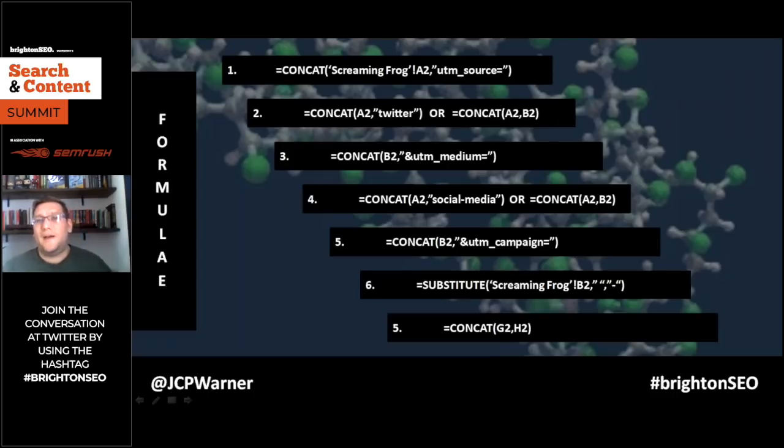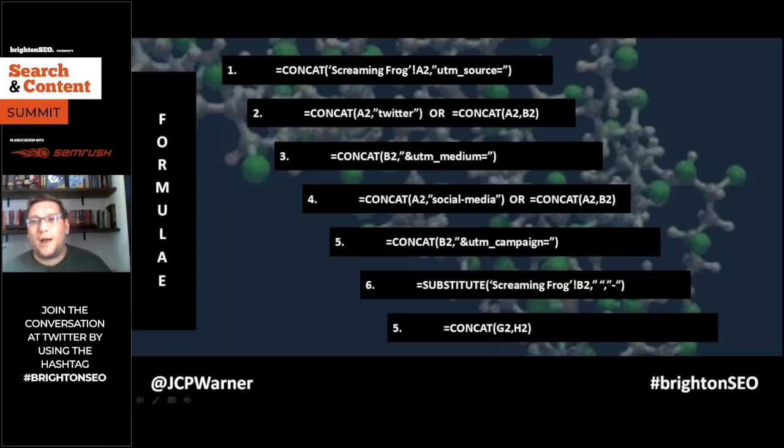What we do here in the sixth formula is we try to make the title of the piece a little bit more friendly. So we're just going to add hyphens in where there are spaces in the title that's been pulled through from Screaming Frog.